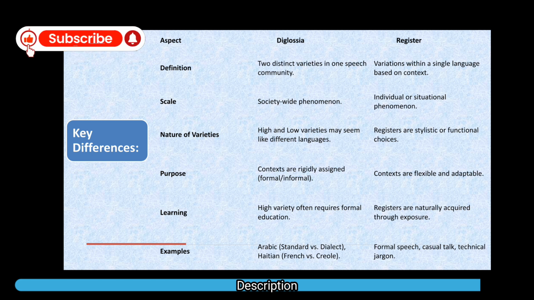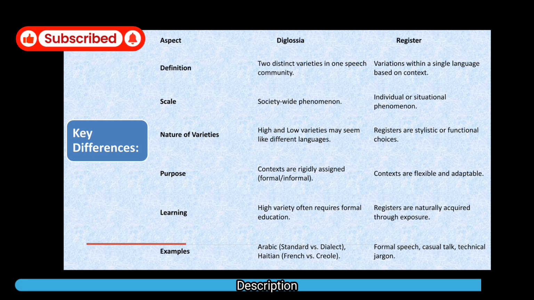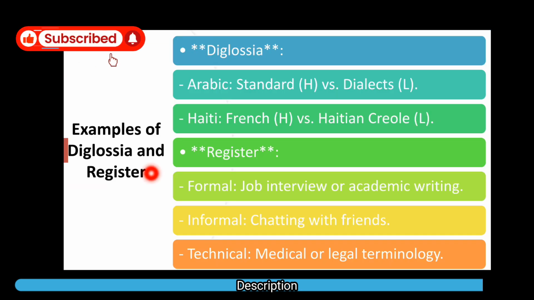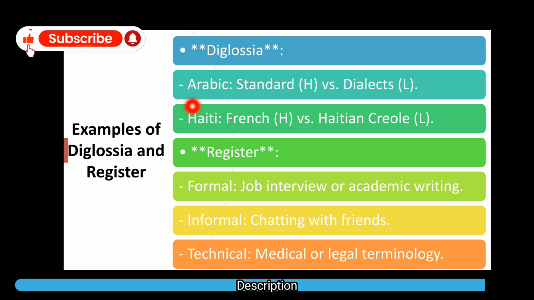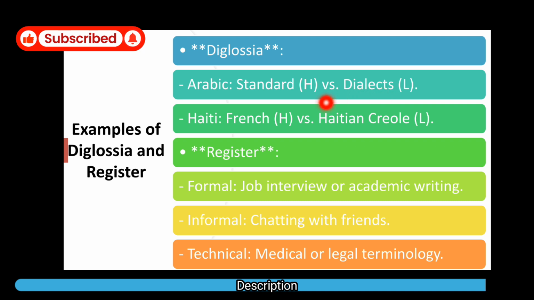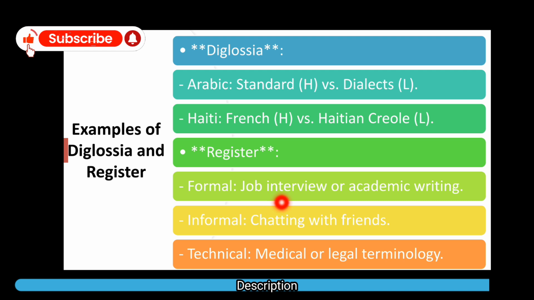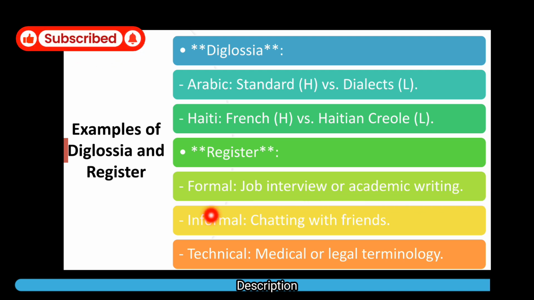And here we have formal speech, casual talk, and technical jargon. Examples of diglossia and register. Diglossia: Arabic standard, high variety, versus dialect, low variety. Haitian French, high variety, versus Haitian Creole, low variety. Register: a formal job interview or academic writing, informal chatting with friends, and technical, medical, or legal terminology are used in register.